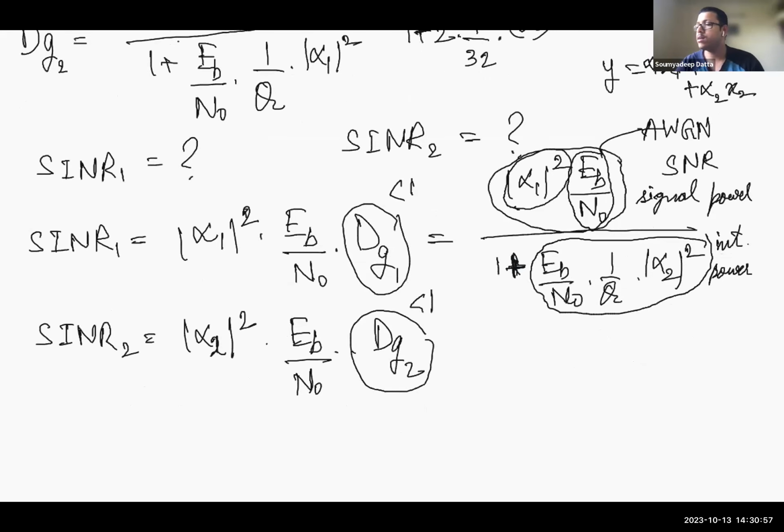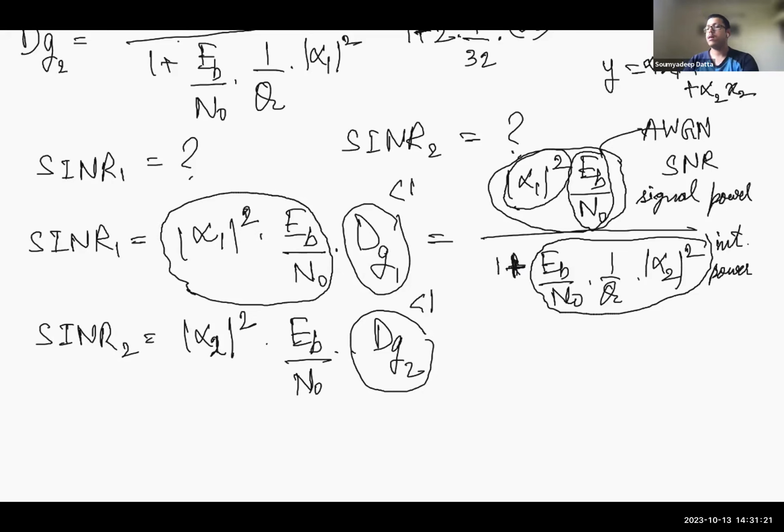Now you can write it in a different way. You can say that this is my actual SNR if there was no interference. So if there was no alpha 2, if there was no interference, then I would get this SNR, mod of alpha 1 square EB by N naught.